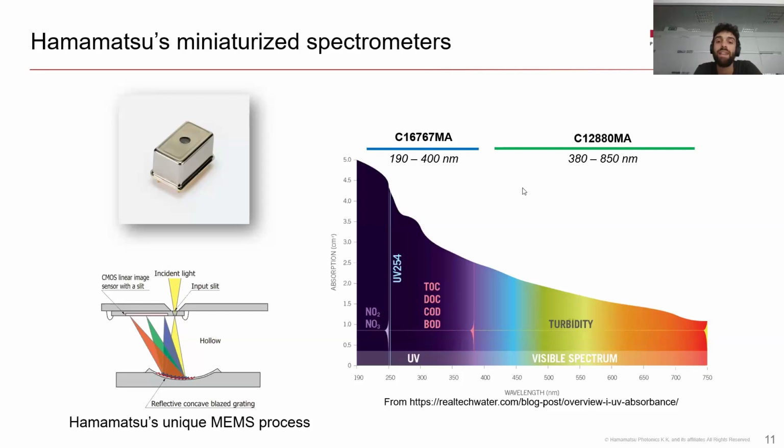And now we added this new device, which has sensitivity between 190 and 400 nanometers, which, as you see in the graph below, is extremely compatible with those parameters that are useful for water quality analysis. And these devices are very unique because they use all our expertise in MEMS production, which allows us to create diffraction gratings in very tight spaces, and we can play then with the optical design to make these devices so small, and also so powerful at the same time.